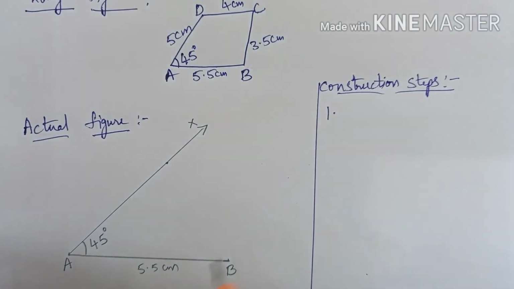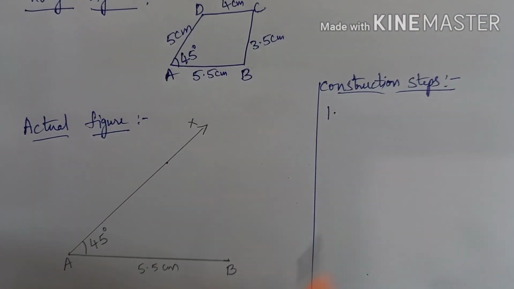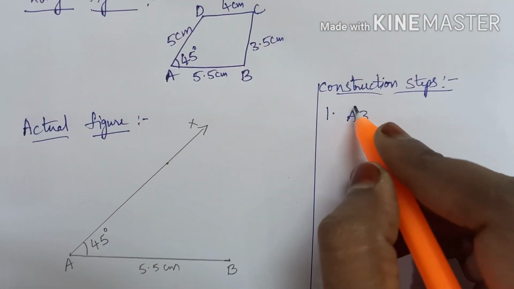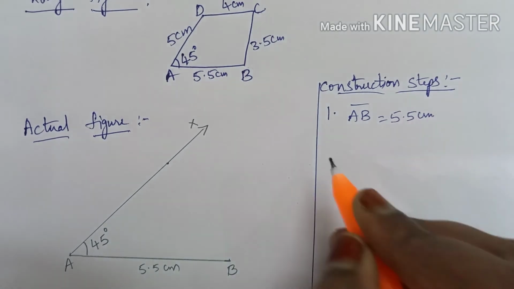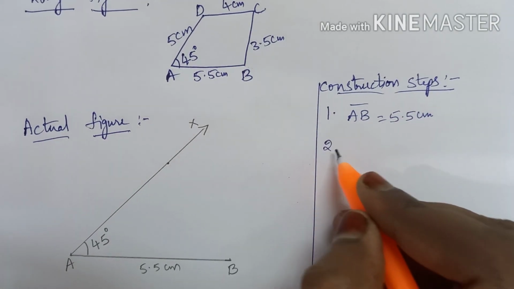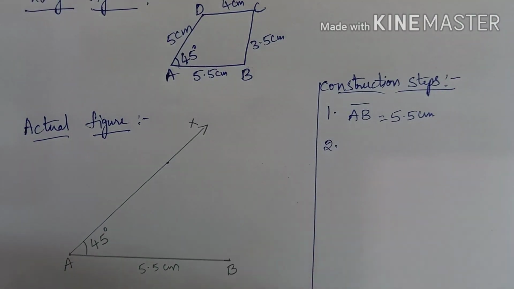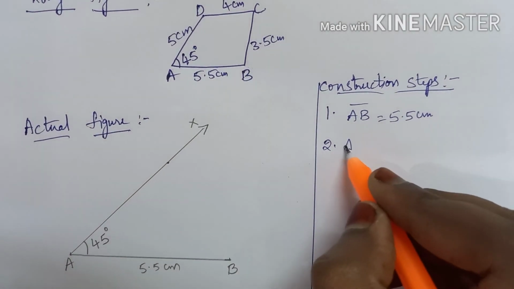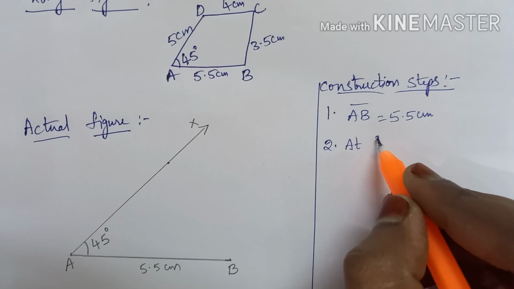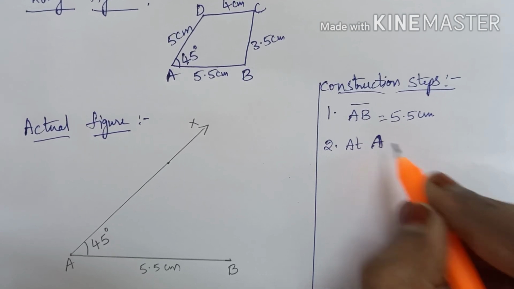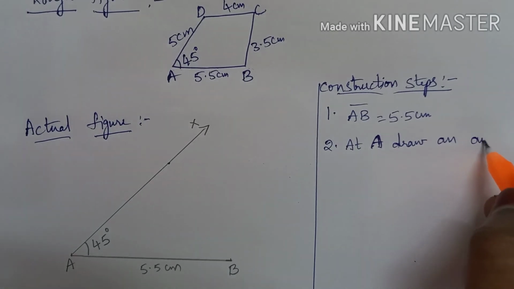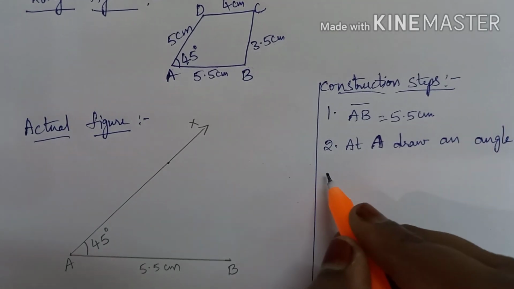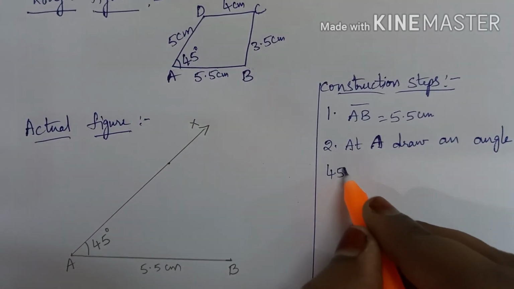First, what we have drawn: AB line segment is equal to 5.5 centimeters. Next, what is the second one? At A, draw an angle of 45 degrees.